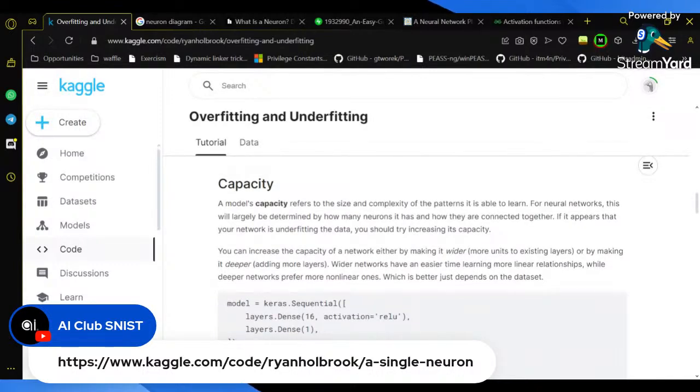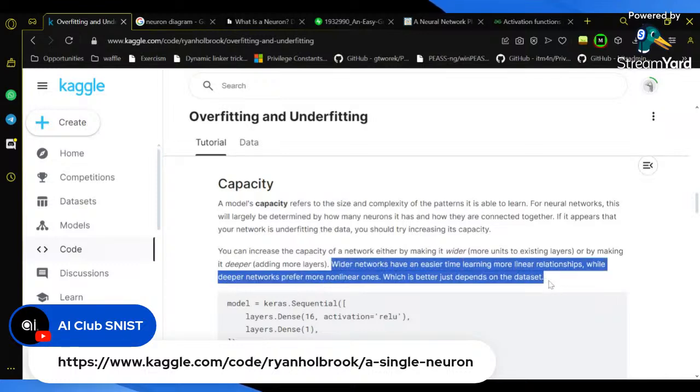Now, we are saying that we are using multiple layers. Well, how should we know whether the number of layers we are using is good or bad? Are we wasting our computational resources by making too many layers, or by adding too many nodes? Well, this particular point over here is very important for that reason.